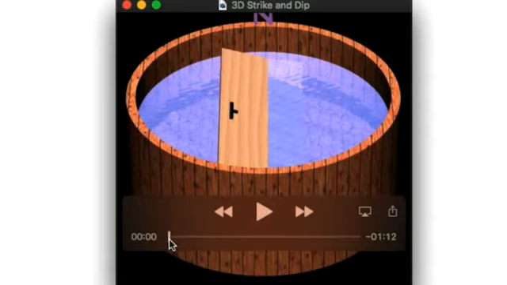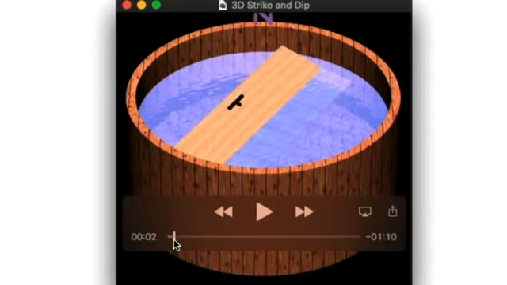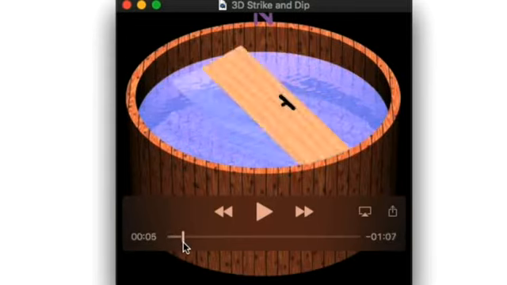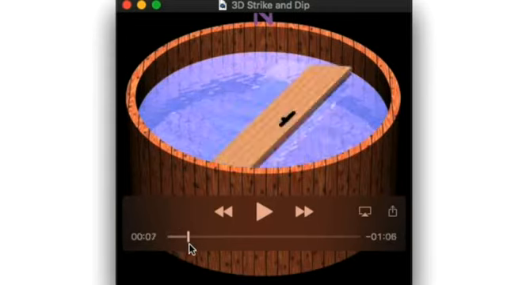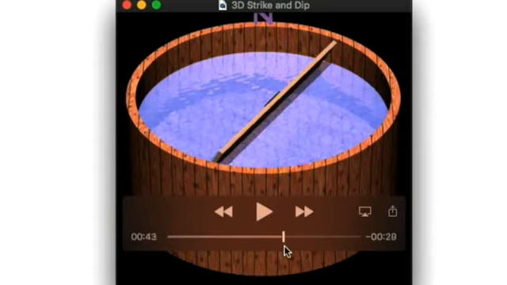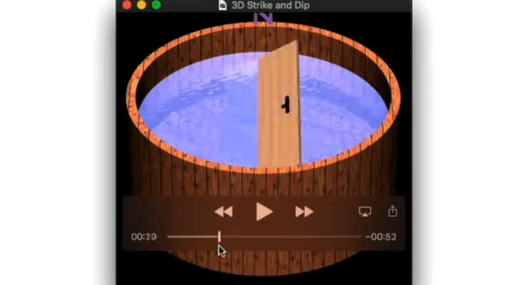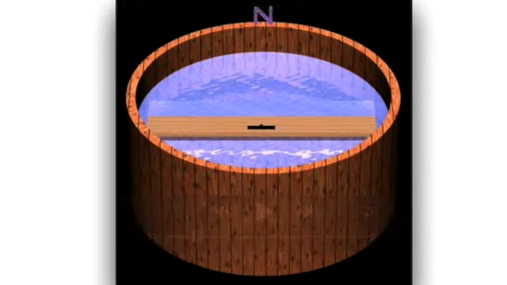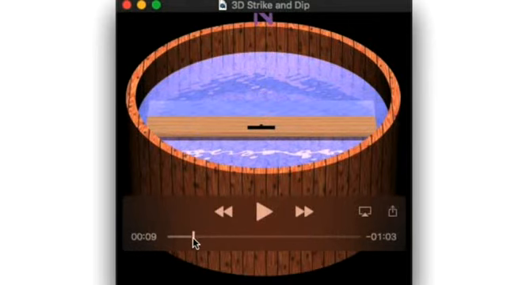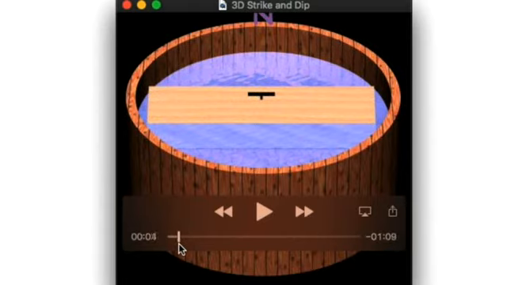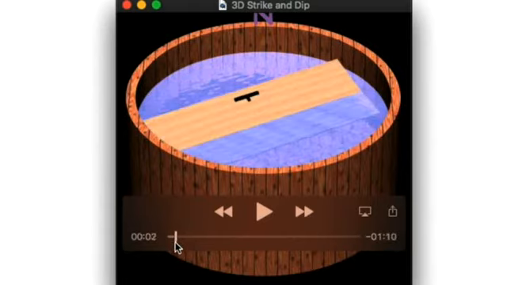So we have a little movie here where you can take a board that's in water. It's got a strike and dip symbol on it, and you can rotate it around at different angles. So here it's steep, the beginning it's shallow, and north is up, and we can just sort of practice these concepts about strike and dip that we've just learned, and these are very important.